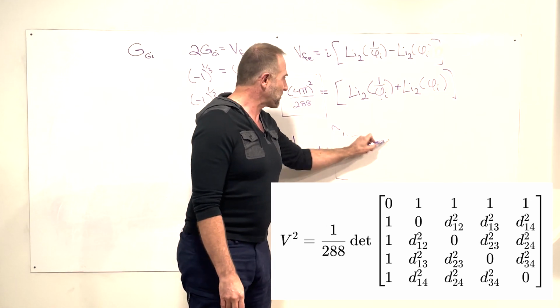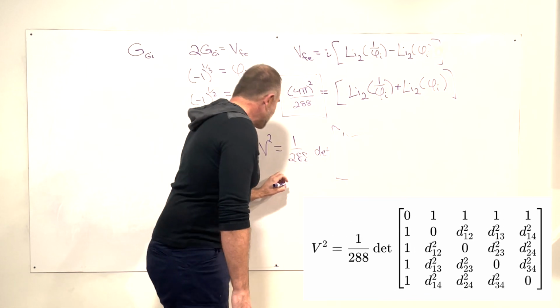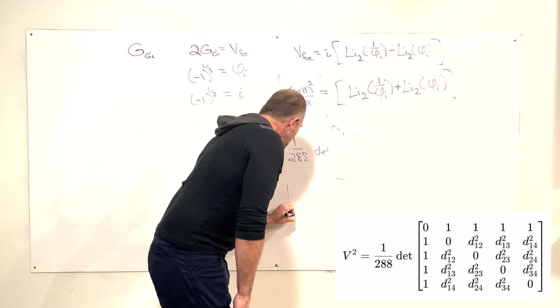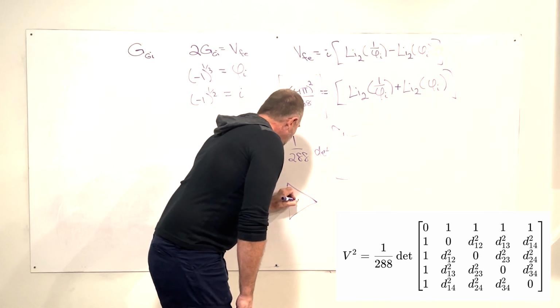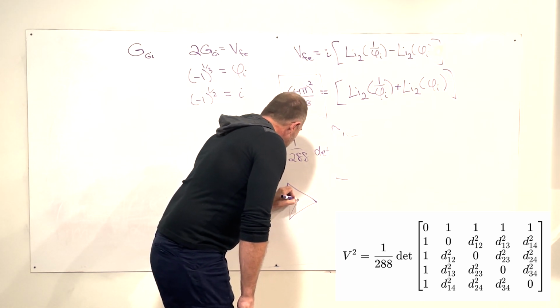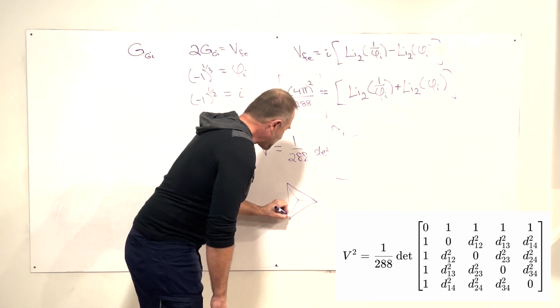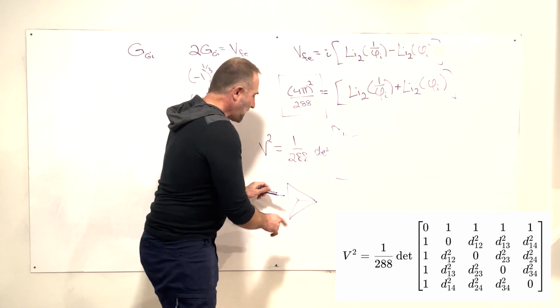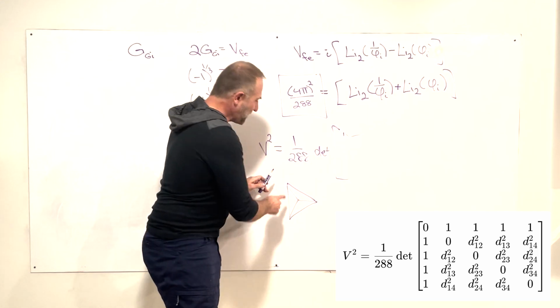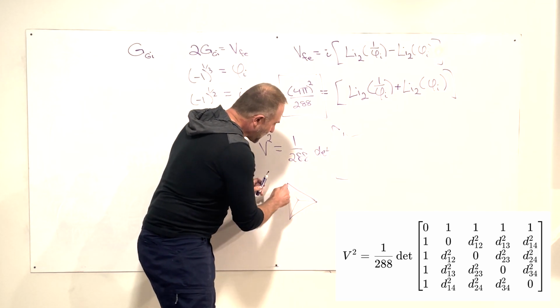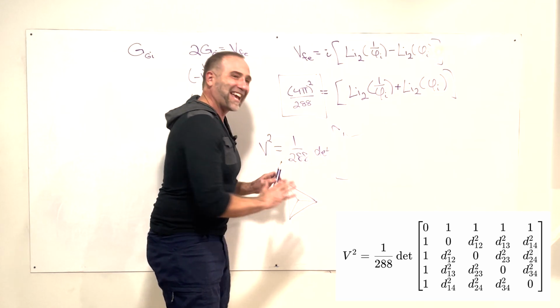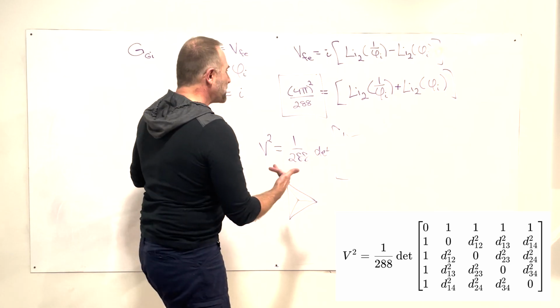And then we have 6 different components, which are just the different distances in your tetrahedron's edges. So if you draw any tetrahedron, it's going to have 1, 2, 3, 4 vertices. And those 4 vertices connect via 1, 2, 3, 4, 5, 6 edges. So there's 6 edges involved.